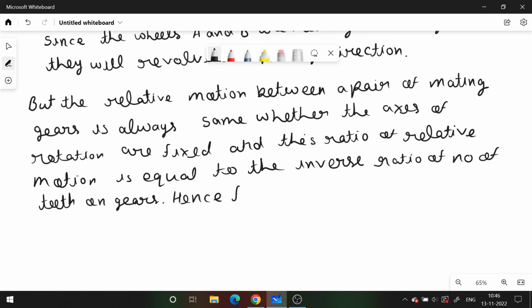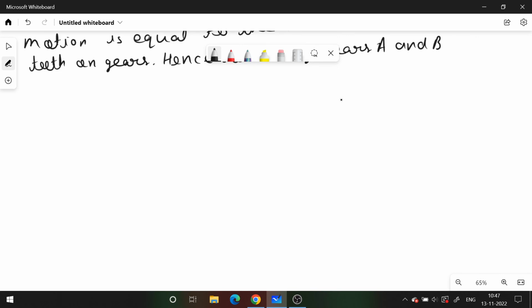Hence, for mating gears A and B, NB minus NC upon NA minus NC will be equal to minus TA upon TB.